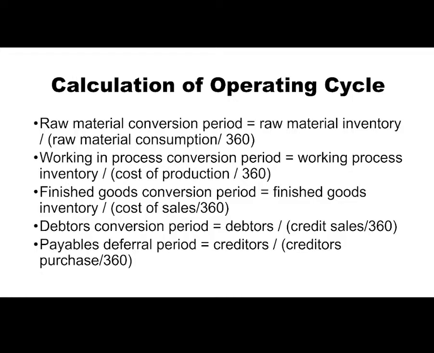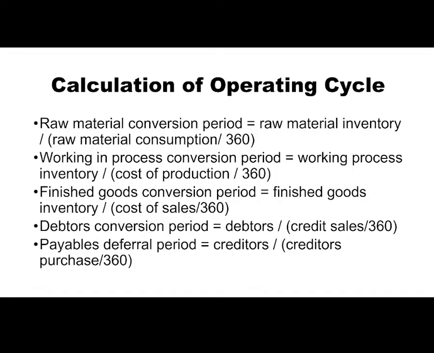Like calculating the raw material conversion period, the average time period taken to convert raw material into work in progress. So here we have the raw material inventory. You divide it by raw material consumption divided by 360.